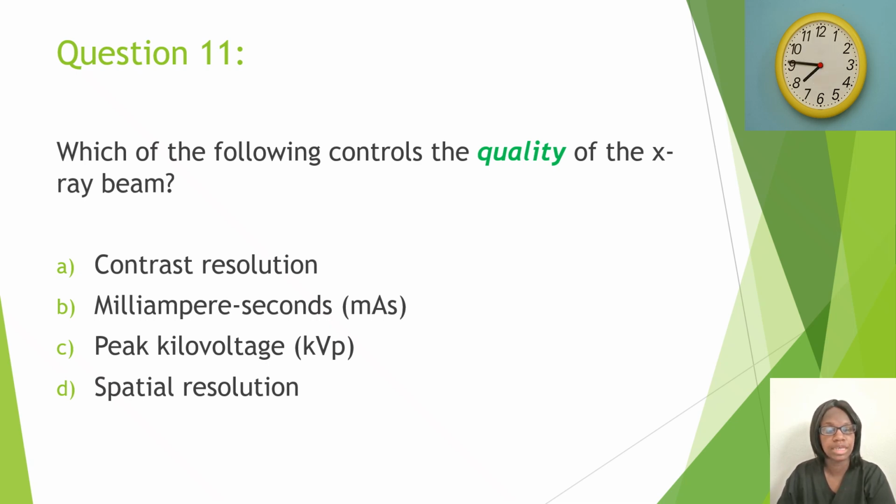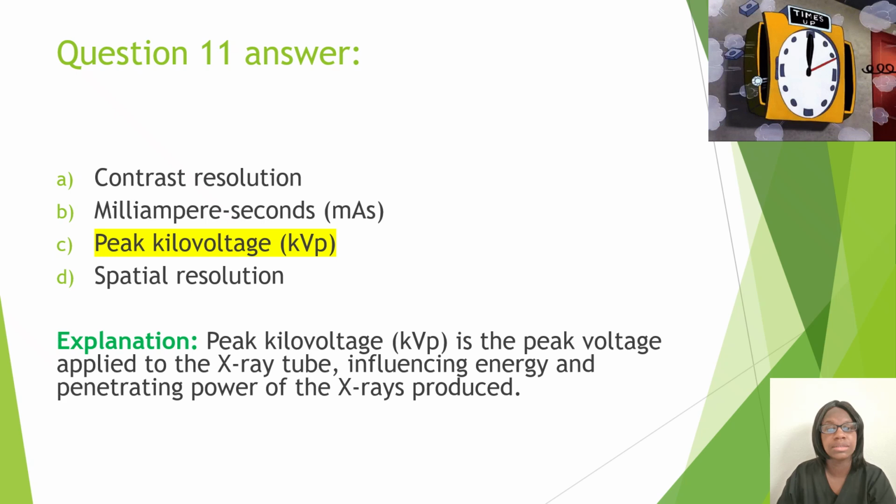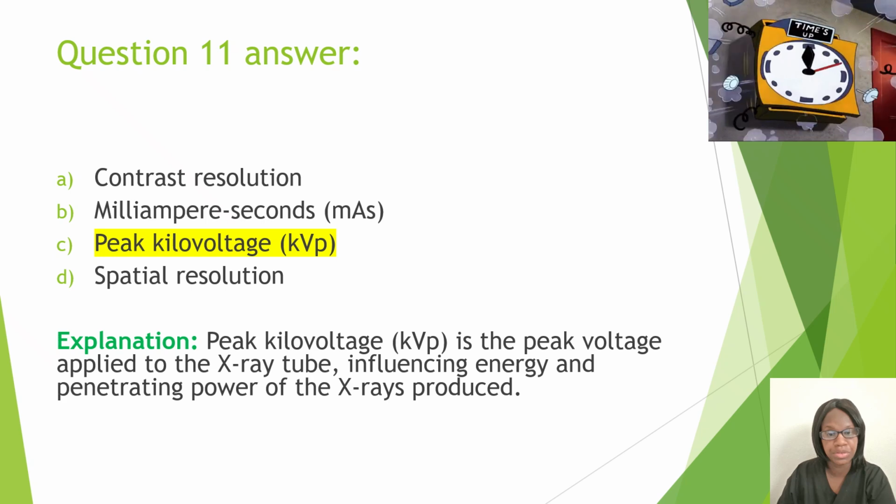The correct answer is peak kilovoltage or kVp. This is the peak voltage applied to the X-ray tube, influencing energy and penetrating power of the X-rays produced.